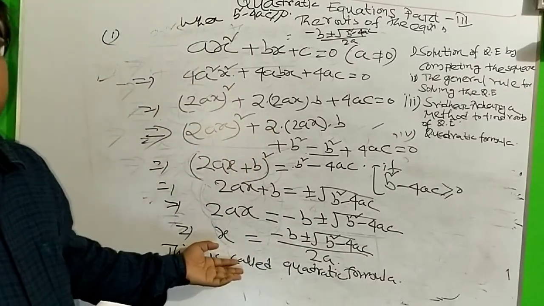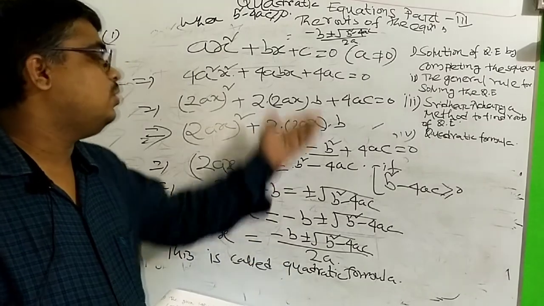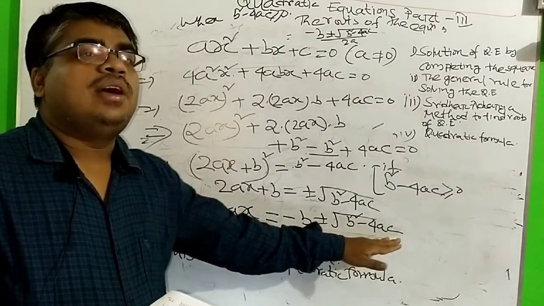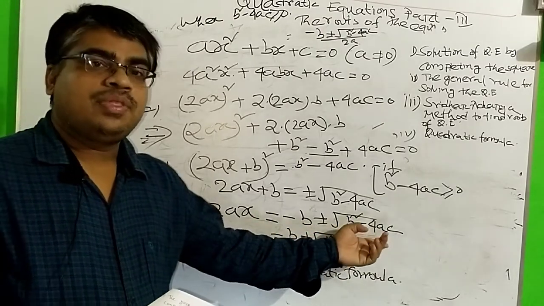It is very interesting, and we are proud that the Indian mathematician Sridhar Acharya made this formula, and this rule is known as Sridhar Acharya's rule.